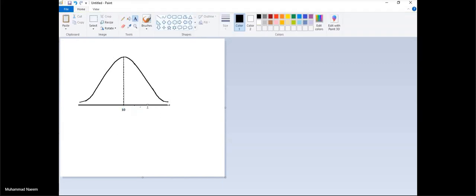Another point is 14. So definitely 14 is here on the right hand side of the mean value. So here we have the other point, 14.